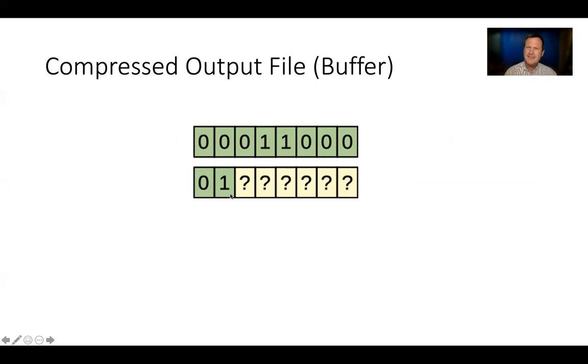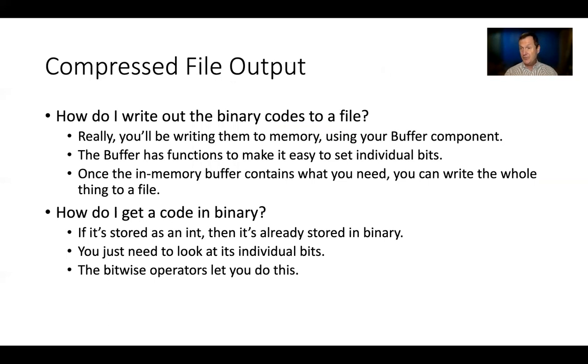And since buffer has, I think, a function called set bit, you could just loop through and write out those 10 bits one after another into successive bits of your buffer. If you wrote that function correctly, and it's not that hard to write, writing out codes or the bits of the next code should be pretty easy. And then, like I said, the plan is you'll write those out into the buffer. And then once you've written out the entire contents of the compressed file, you'll make one more function call to ask the buffer just to save all of that to a file. So the reason we're making that buffer component is to make stuff like this a whole lot easier.